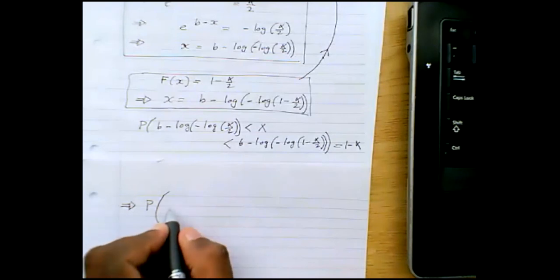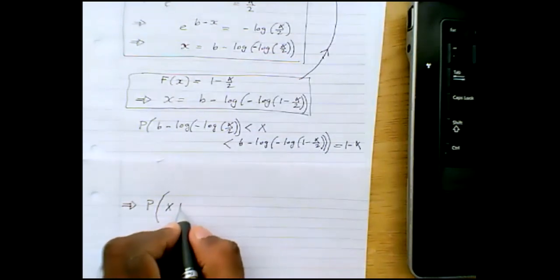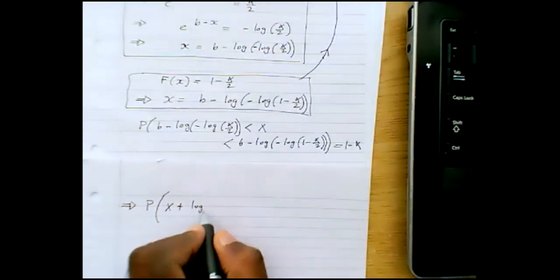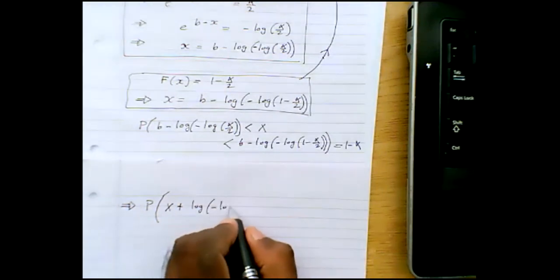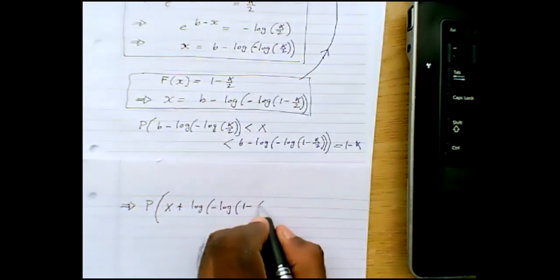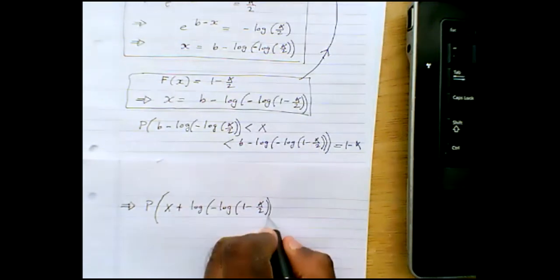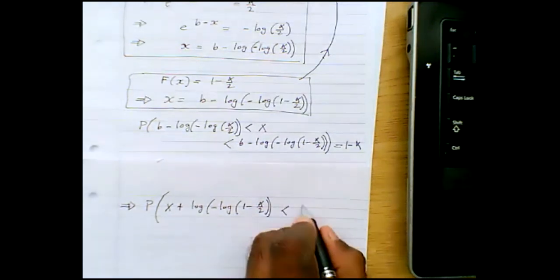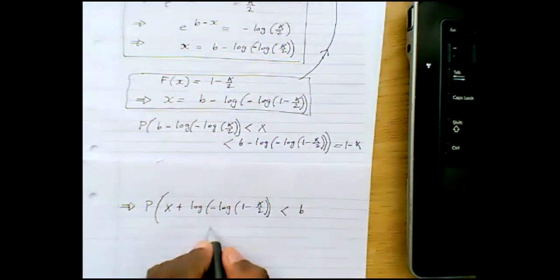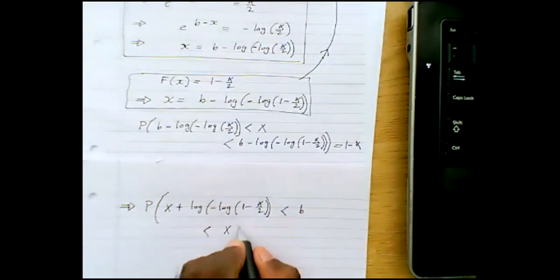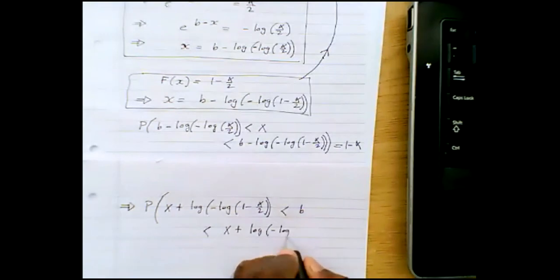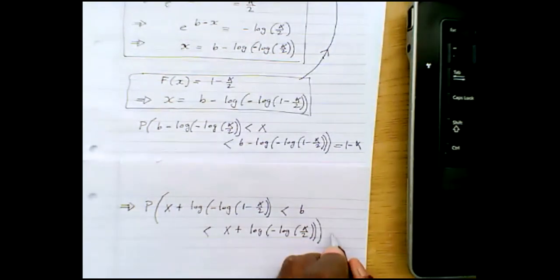The lower limit will be x plus, right, and the upper limit will be x, okay.